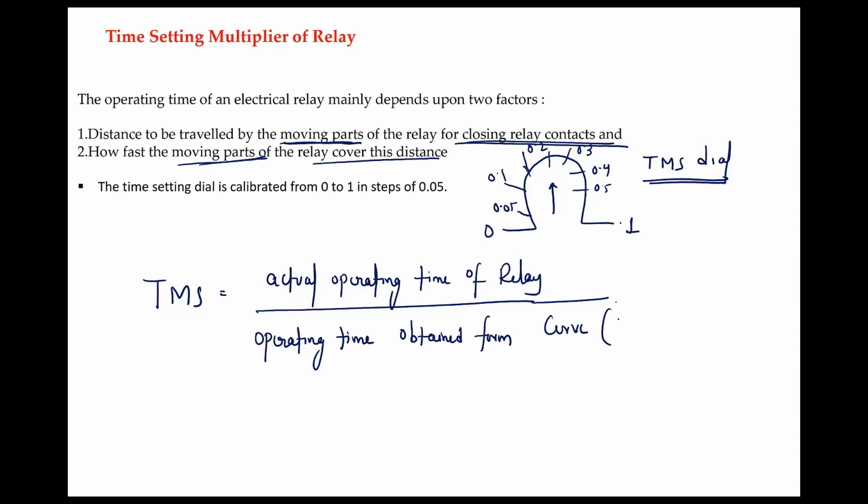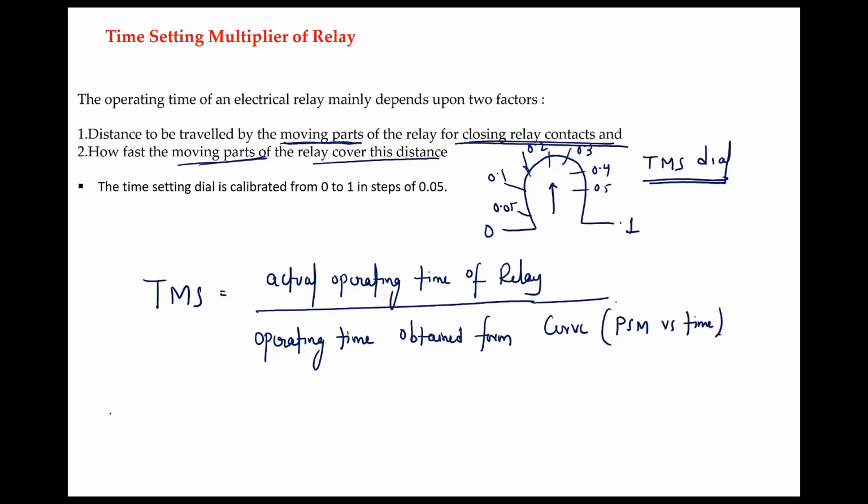What is that curve? It is the curve between PSM versus time. So the operating curve is PSM versus time, which we'll discuss in the next slide. So the TMS setting is obtained by the actual operating time of the relay divided by the operating time obtained from the characteristic curve of the overcurrent relay.